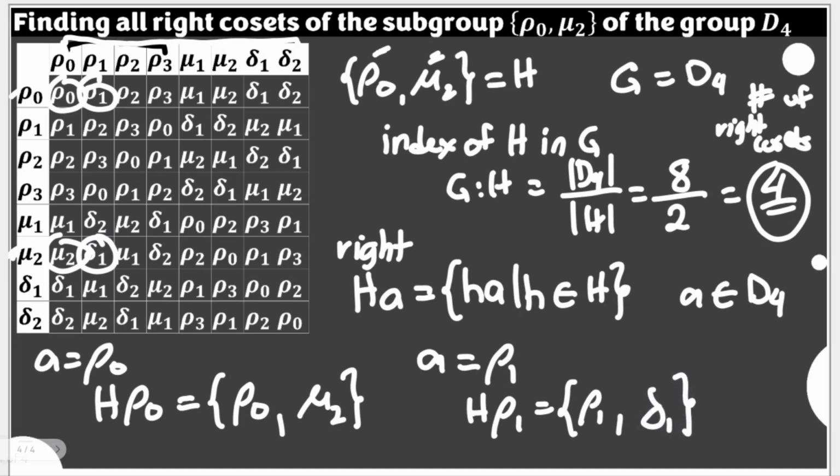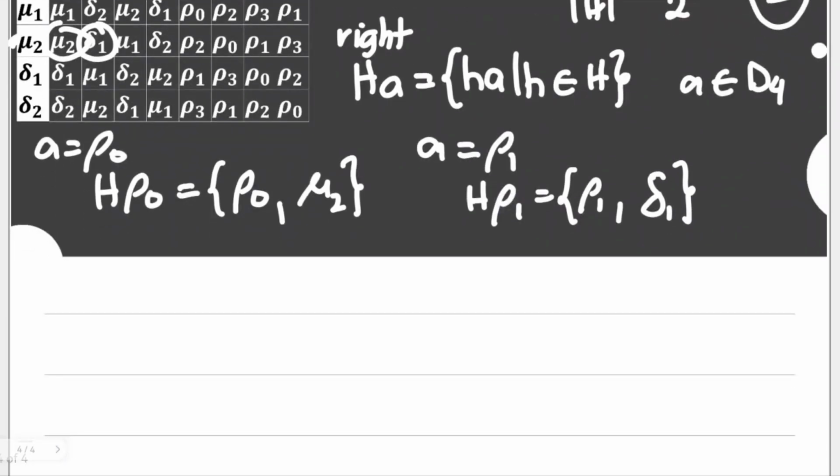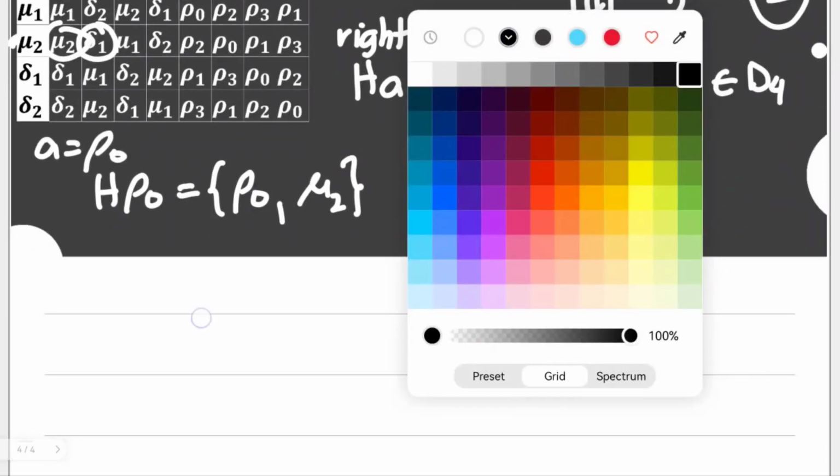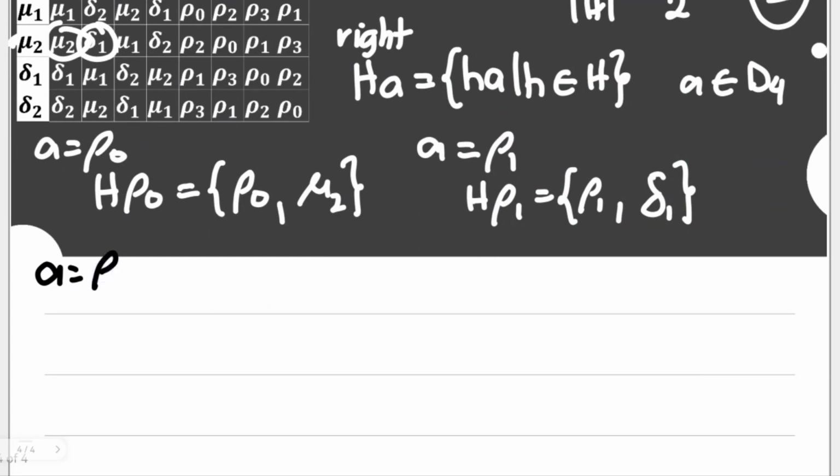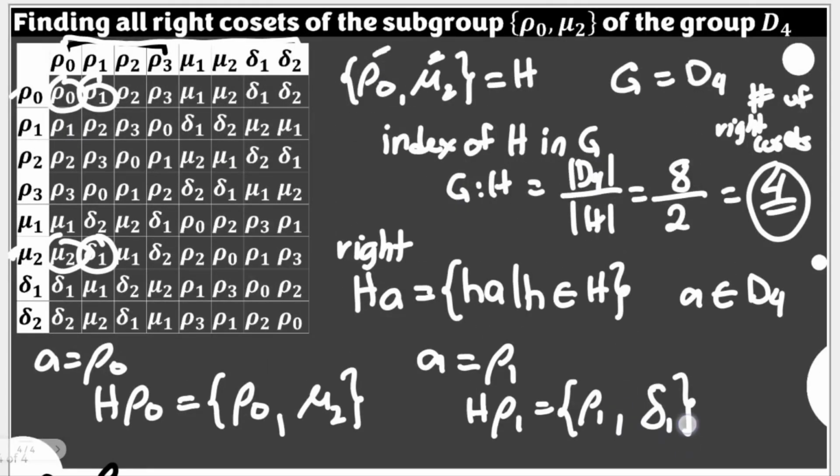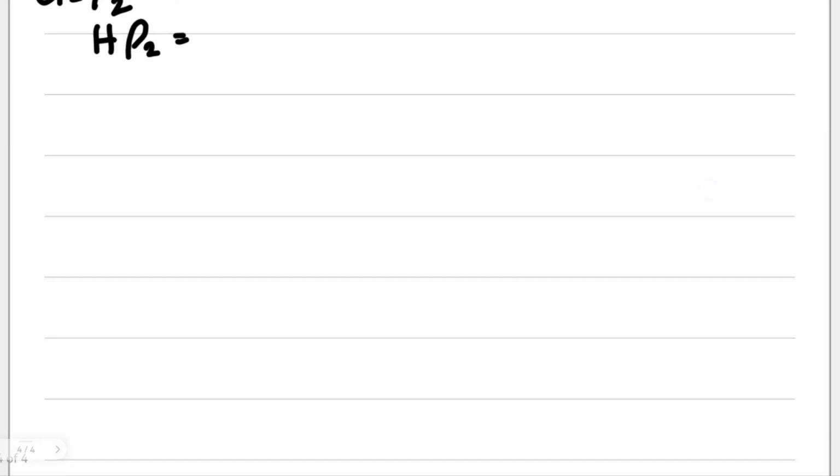This is our second right coset. Our third right coset, let me change the color here to black, is determined if we're going to use now rho sub 2. So we have h rho sub 2. So our h, again, let me rewrite here if the spaces will not be enough later. Okay, so I have here h is rho sub 0 and mu sub 2.